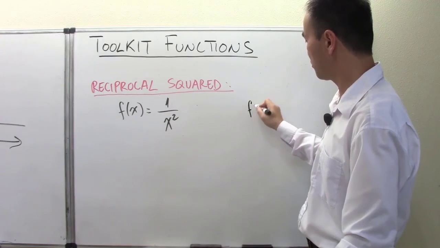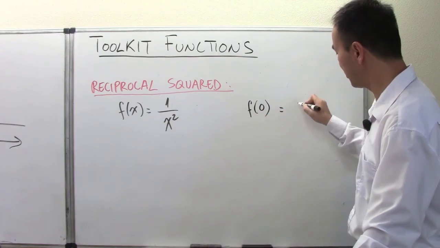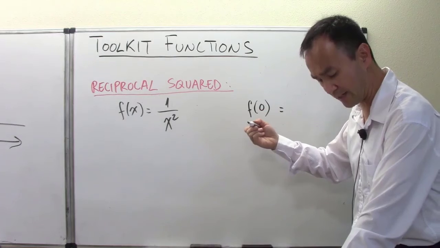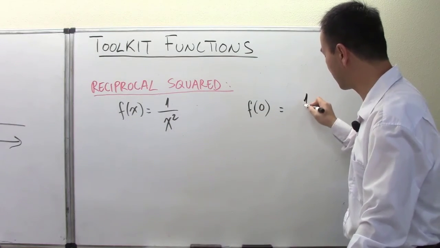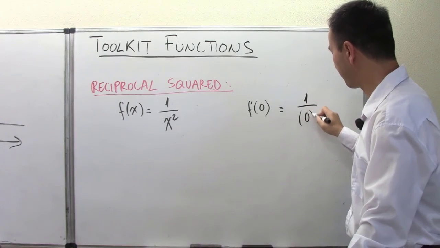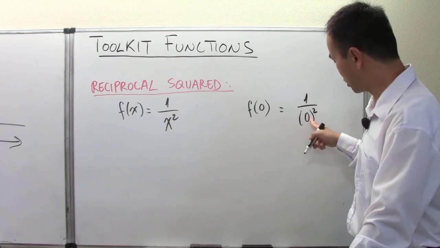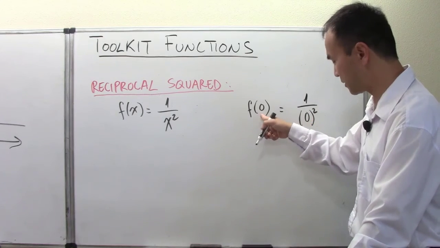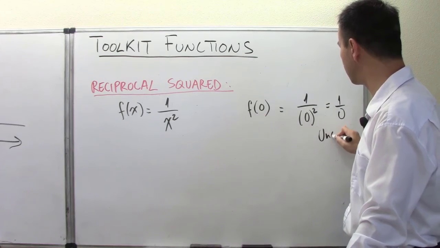When we substitute in x equals 0, according to how the rule is and how a function works in general, we're looking at 1 divided by the square of the input. But the square of the input, which input specifically 0, we're looking at a 1 over 0, which is another undefined.